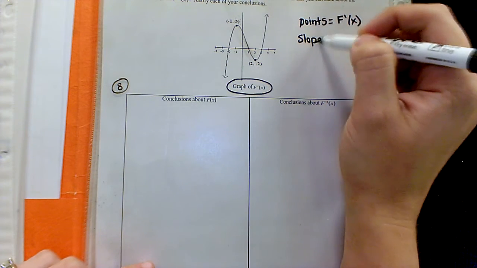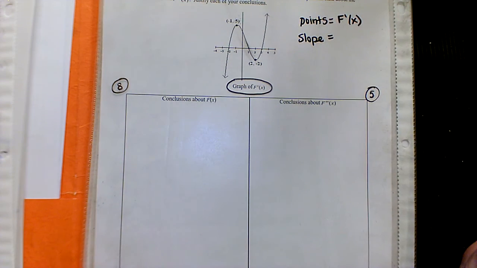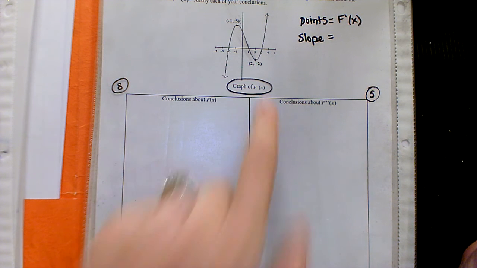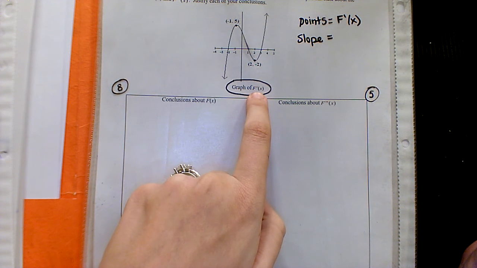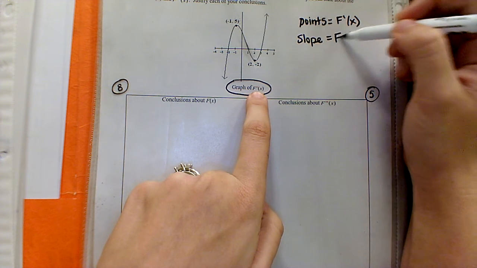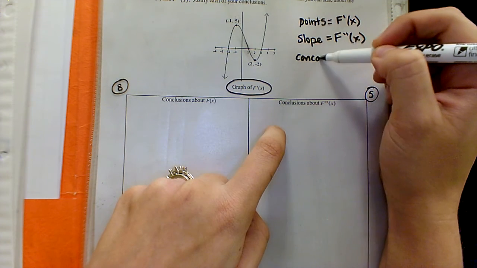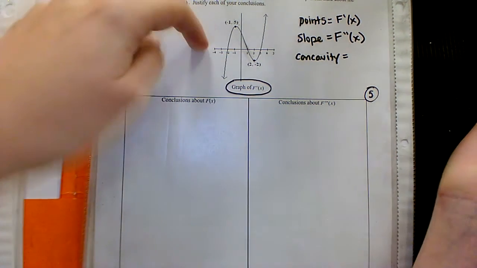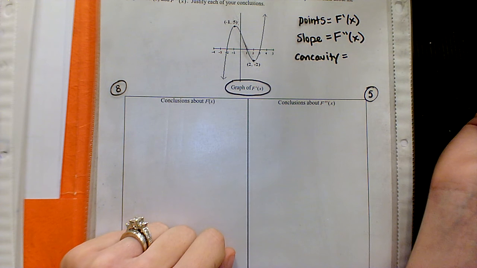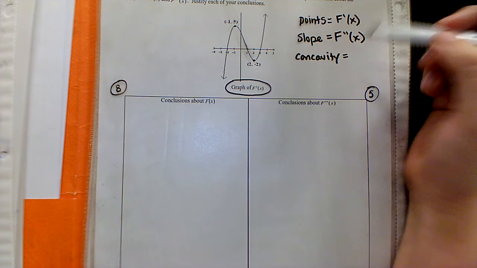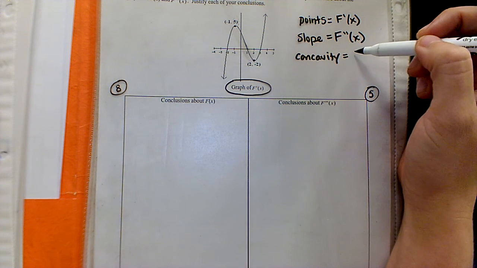What would the slope of this graph represent? The slope of the first derivative. Good, that's the second derivative. What would the concavity of this graph represent? Where f double prime of x is increasing?